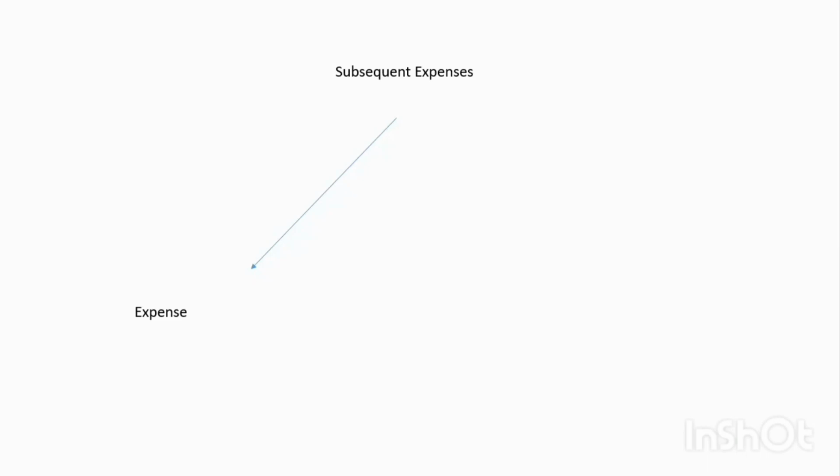So a company could either expense a particular cost or capitalize the cost. If the expense is such that it's going to improve or increase the lifespan of the asset, such an expense is of a capital nature and should be capitalized as part of the value of the asset.